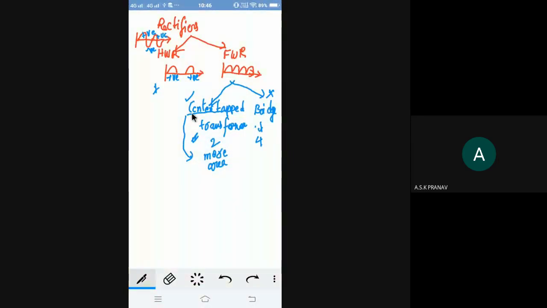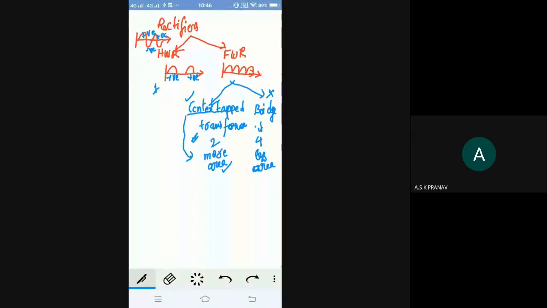Whereas in the bridge full wave rectifier, we do not use the center tap transformer, so the bridge full wave rectifier occupies less area. This is the main difference between the center tap transformer and bridge full wave rectifier.